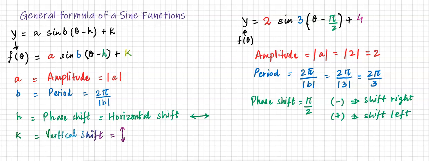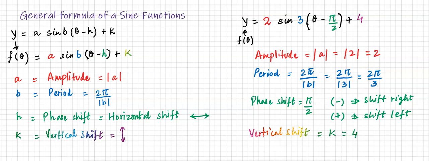Now let's talk about the vertical shift. Vertical shift is given by the value of k. Now k, as you can see, is 4.